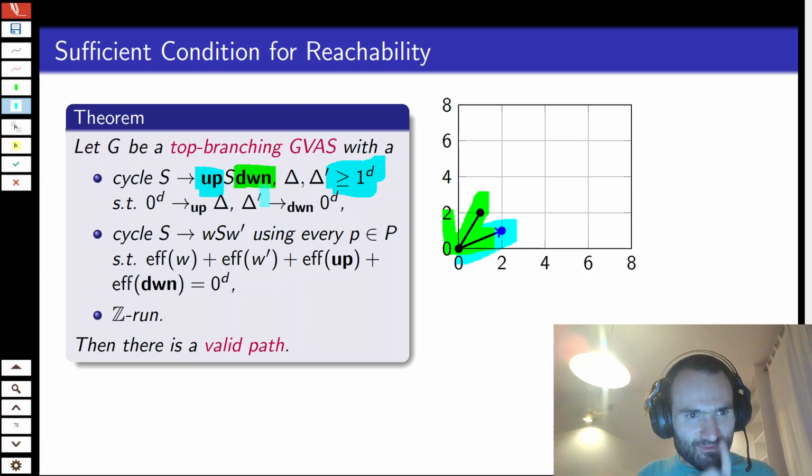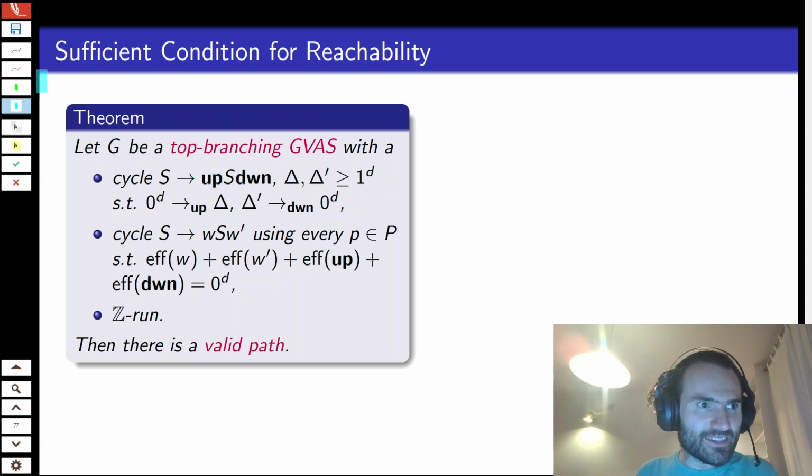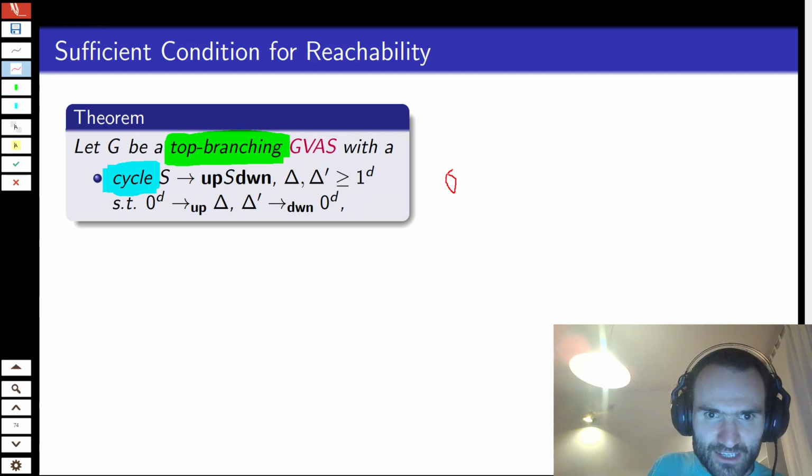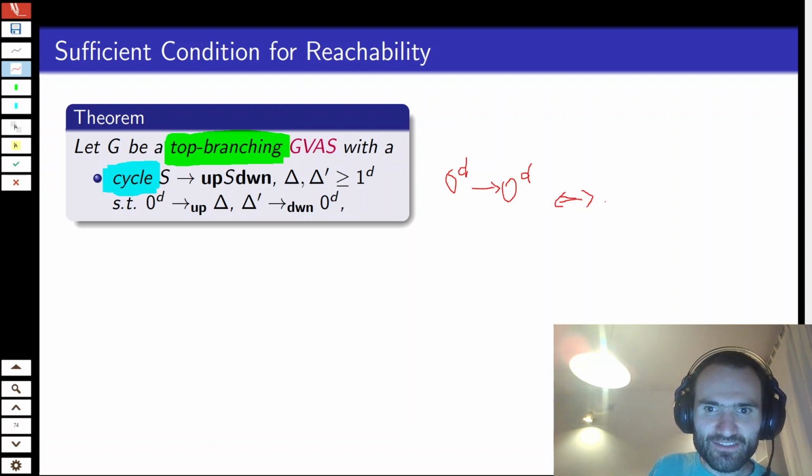And so if you have something like this, then the point is, if you want to know whether there is a valid path from 0 to the D to 0 to the D, then you can now equivalently check whether there is a valid path from delta to delta prime.